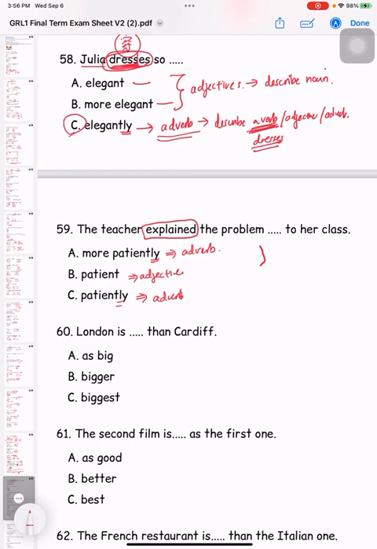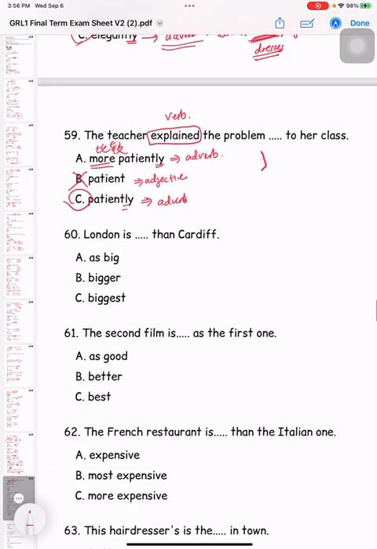Explain is the verb. So which one should we choose? Not B, definitely A or C. But we are not comparing anything now, more is like 比较. We are not comparing this teacher with another teacher or this class to another class, so we shouldn't choose A. The answer is C.